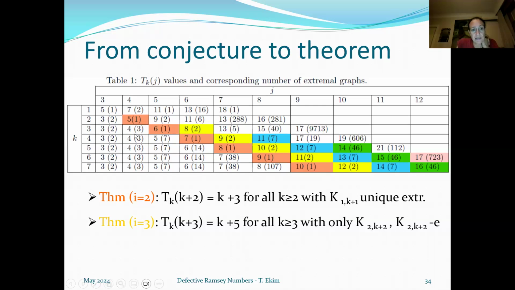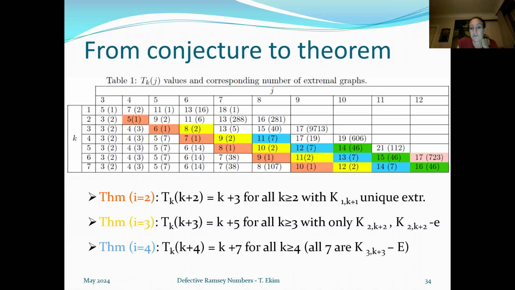And as you see, for i equals 3, the yellow diagonal here, there are always exactly 2 extremal graphs. And we could show that these 2 extremal graphs are those graphs, and there's no other. Again, this is very, very unusual. And here, we could also show the blue one. And here, again, there are exactly 7 every time.